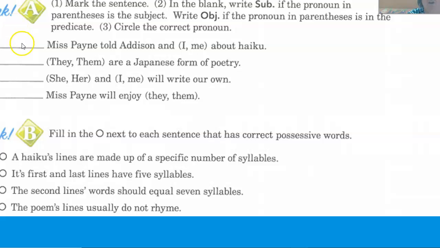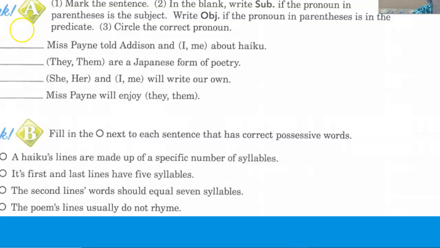And everyone do it. You're marking the sentence and then you're writing subject if the pronoun is subject, and OBJ for objective if it's objective, and then you're circling the correct pronoun. So just as a reminder, before the verb is subjective, after the verb is objective. So marking the verb first is important. Let's go ahead and do those 4 questions.